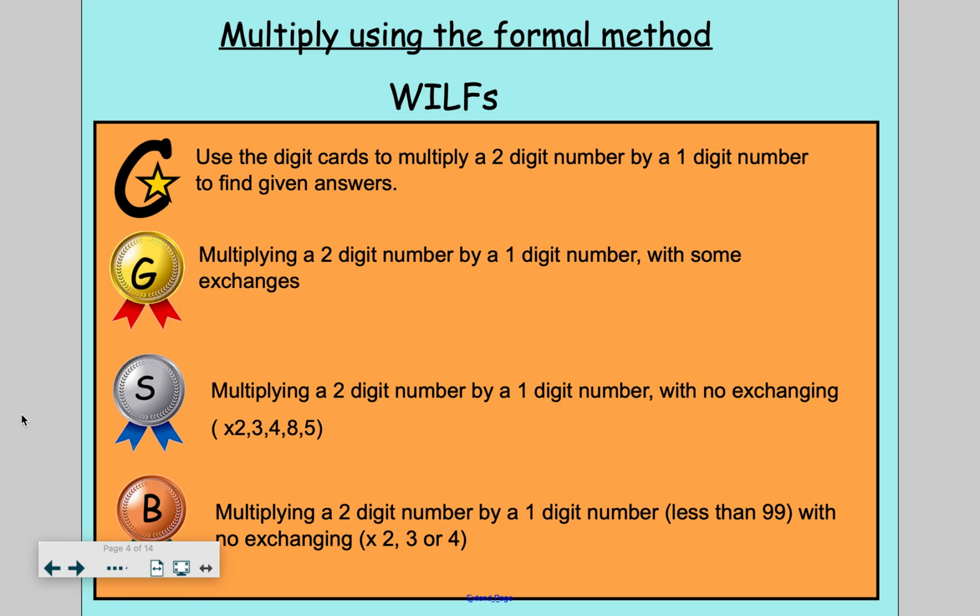And silver, there's no exchanging, and the difference for you is you will multiply by 2, 3, 4, 5 and 8. Gold, you will be doing some exchanging, sometimes known as carrying over. And for challenge, the sheet that you can download off the Teams is also available as an image on this video, as will the answer sheet, so you will have everything you need in this video.